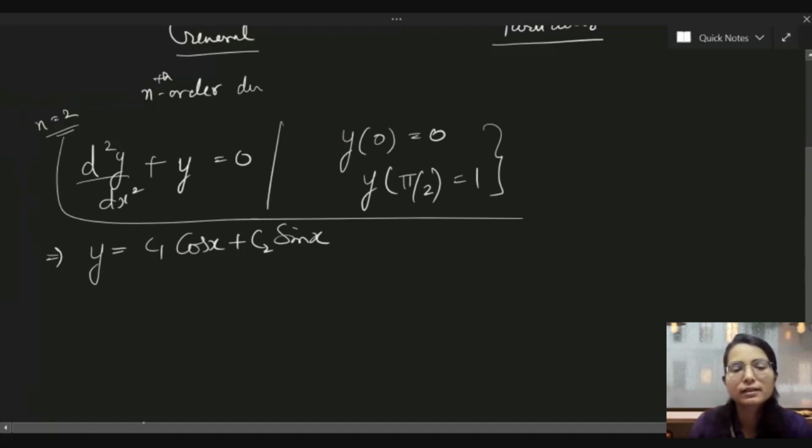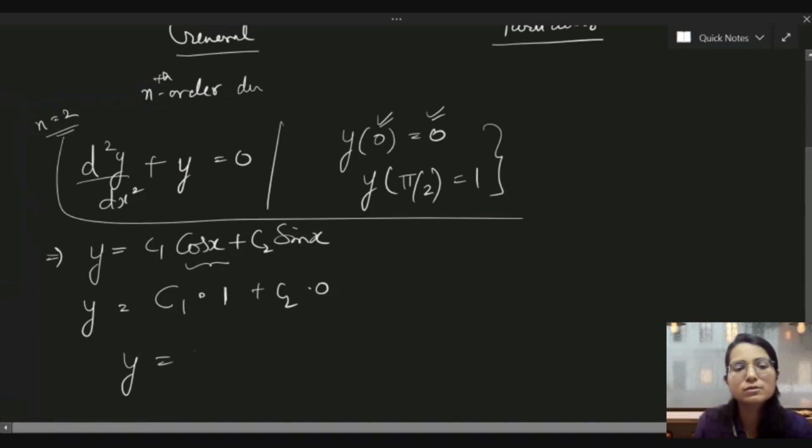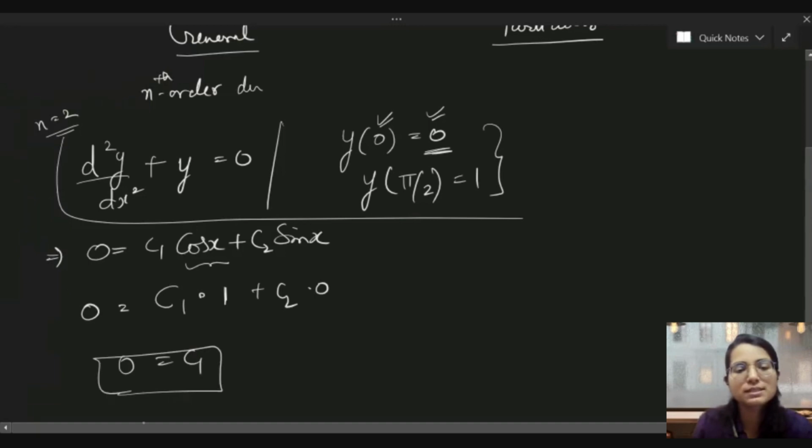If I put x equal to 0, I should get y equal to 0. So what will happen? C1 cos 0, cos 0 means 1, plus C2 sin 0, sin 0 means 0. So what you will get is y equals C1. Y was 0, so 0 equals C1. This means that C1 becomes 0.